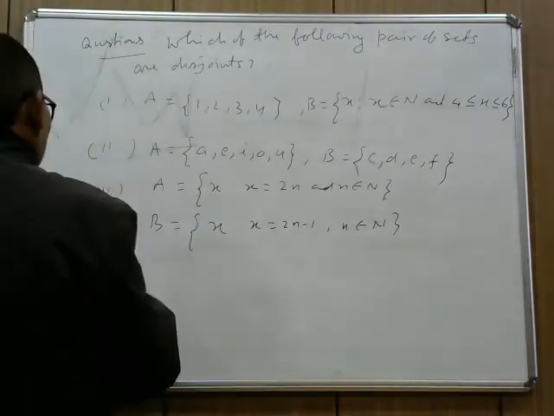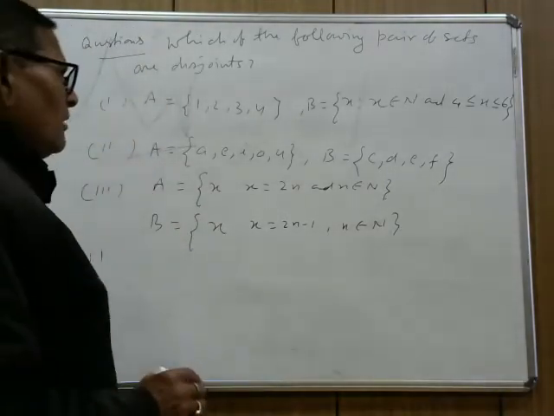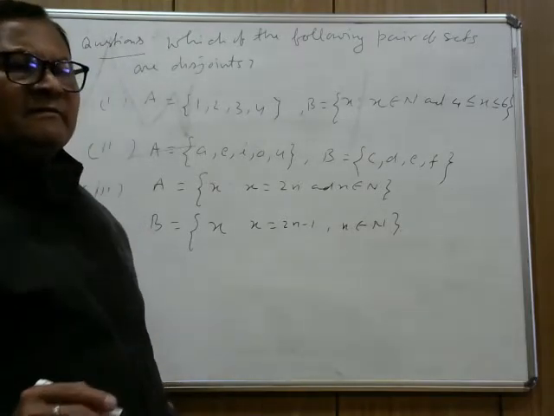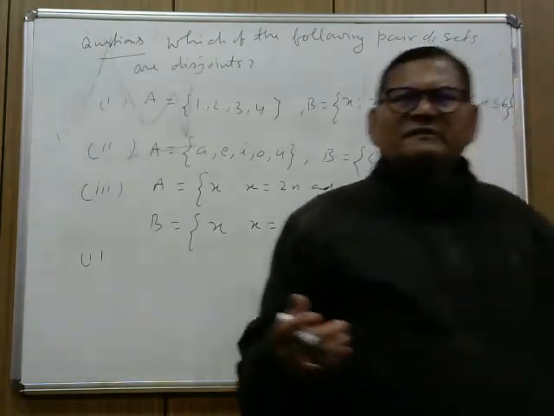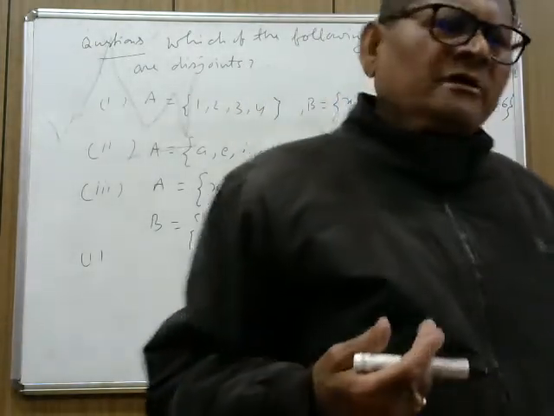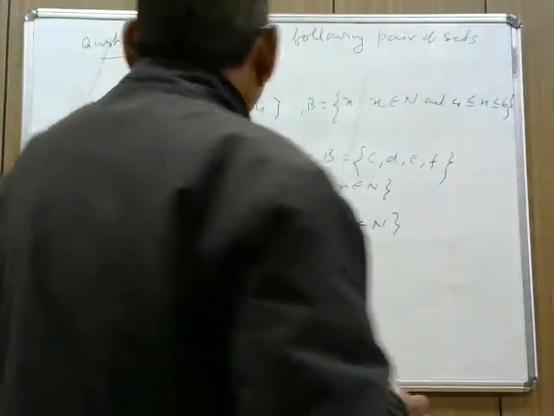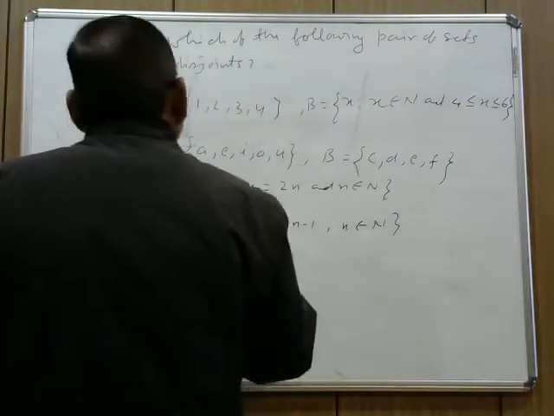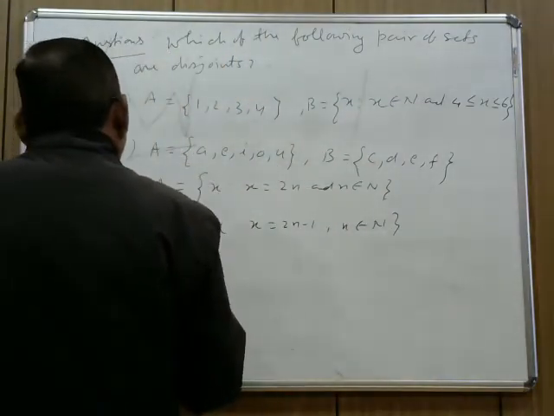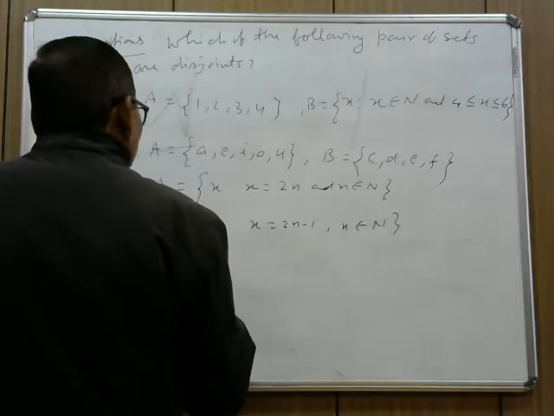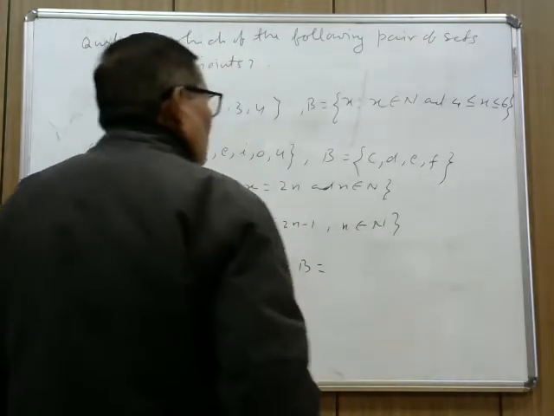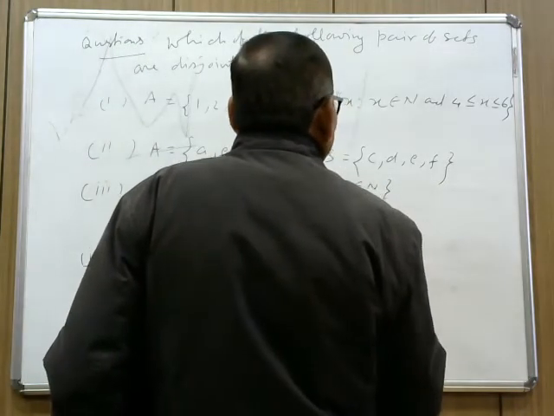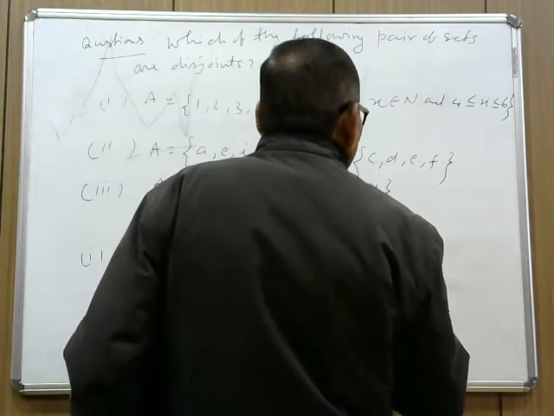Now first, you should be aware that when you want to find their union, intersection or anything, you have to write the given set in roster form, if it is not in roster form. So first set A is in roster form, it is {1, 2, 3, 4} and set B contains the elements 4, 5, 6.